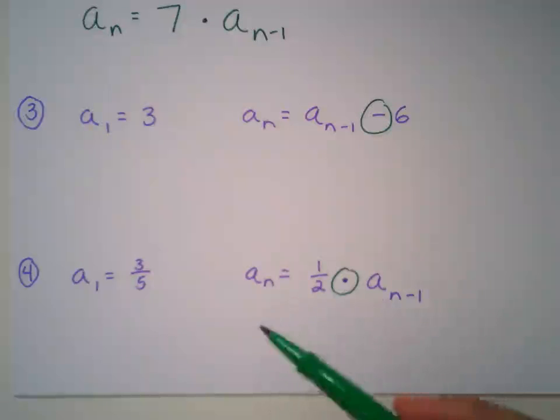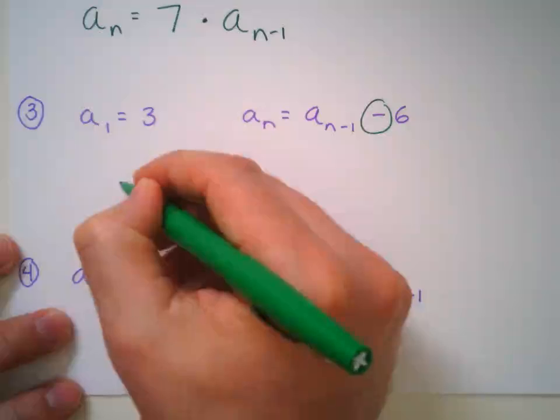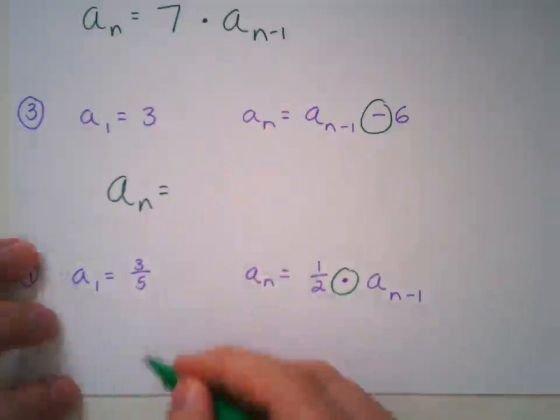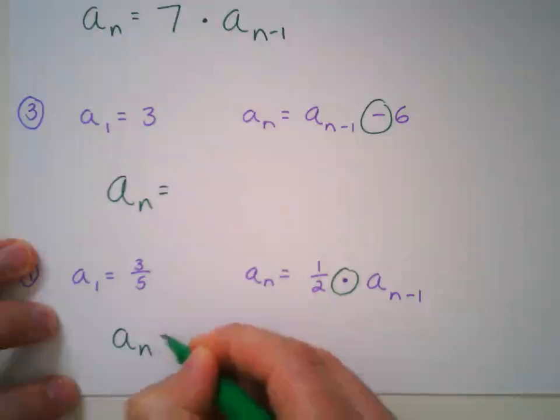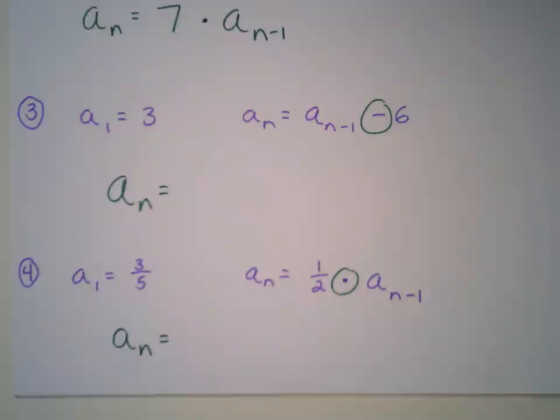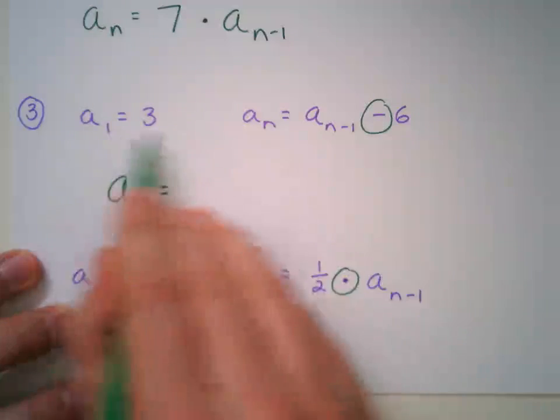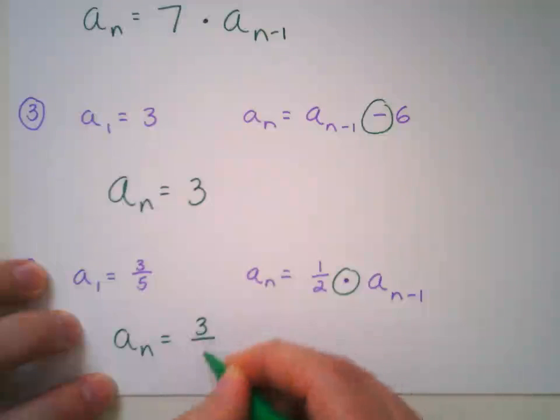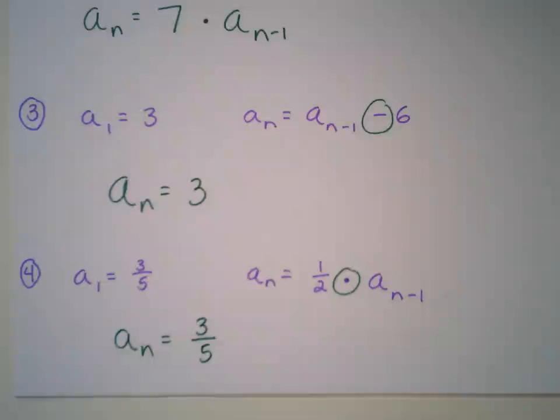So when we set this up, we continue to write it the same way. It's A sub n, and you always put your first term first. So this says 3 is our first term, so we put that first. Here, our first term is 3 over 5, so we put 3 over 5.